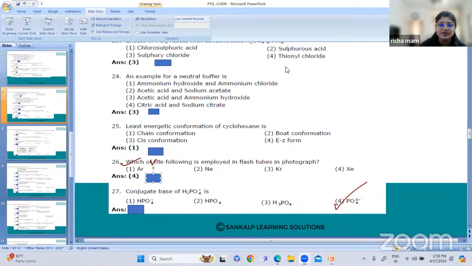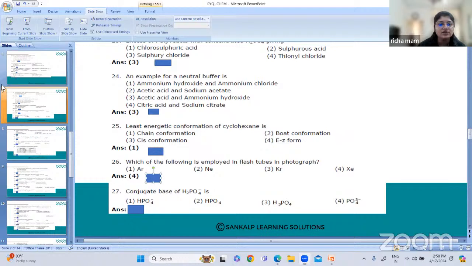Vamshi Krishna has answered it as 2. So H2PO4 minus is what?